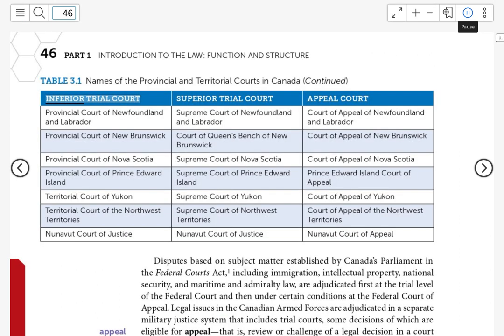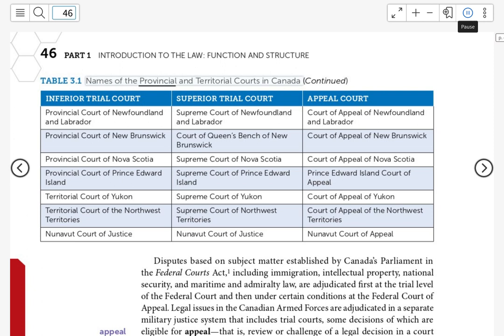Inferior Trial Court, Superior Trial Court, Appeal Court. Provincial Court of Newfoundland and Labrador, Supreme Court of Newfoundland and Labrador, Court of Appeal of Newfoundland and Labrador, Provincial Court of New Brunswick, Court of Queen's Bench of New Brunswick, Court of Appeal of New Brunswick, Provincial Court of Nova Scotia, Supreme Court of Nova Scotia, Court of Appeal of Nova Scotia, Provincial Court of Prince Edward Island, Supreme Court of Prince Edward Island, Prince Edward Island Court of Appeal, Territorial Court of Yukon, Supreme Court of Yukon, Court of Appeal of Yukon, Territorial Court of the Northwest Territories, Supreme Court of Northwest Territories, Court of Appeal of the Northwest Territories, Nunavut Court of Justice, Nunavut Court of Appeal.